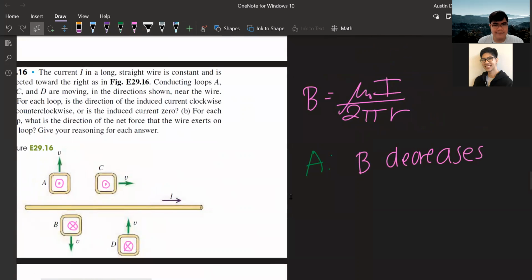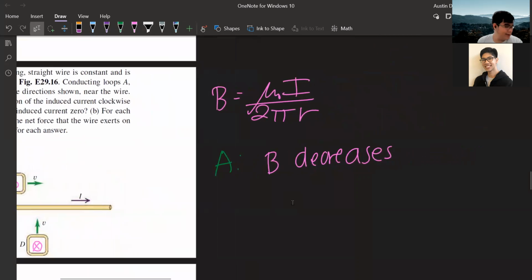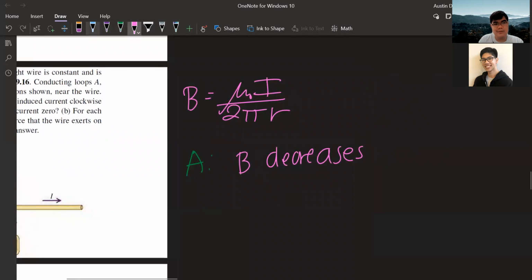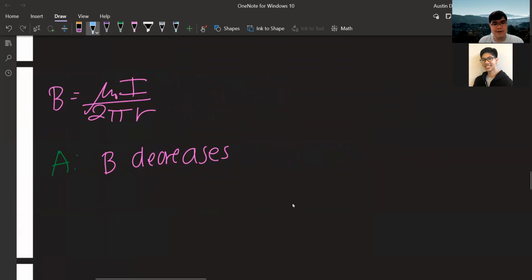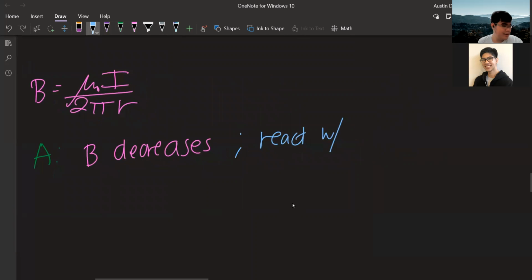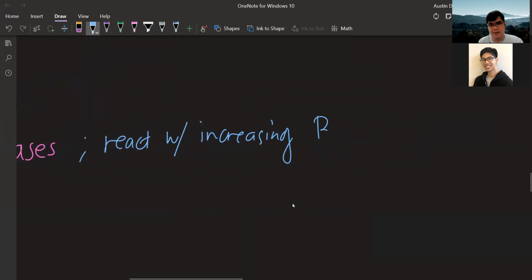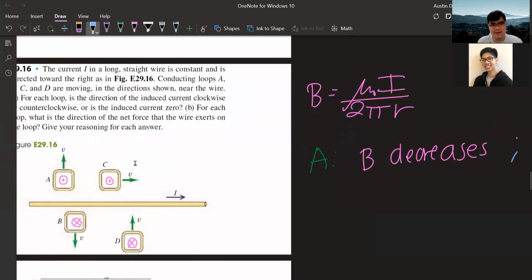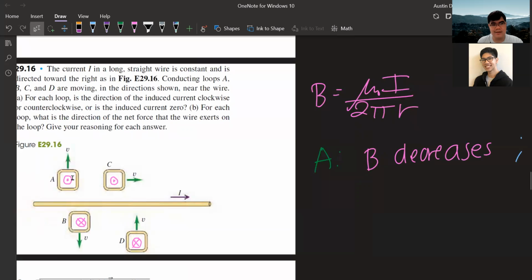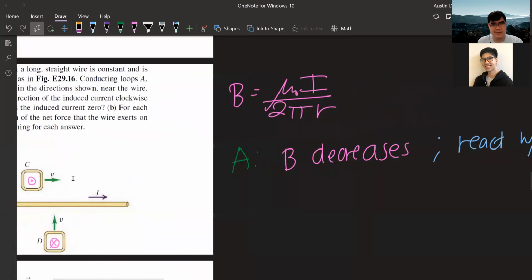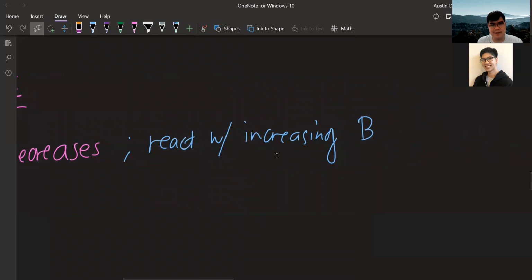And then, nature doesn't like change. So, ang gagawin nung A mo, the loop of wire, is to react with increasing B. Okay, so nawawala yung field as you go away from the wire, and that change we don't like. Nature doesn't like that. So gagawin niya, magre-react siya with increasing B.